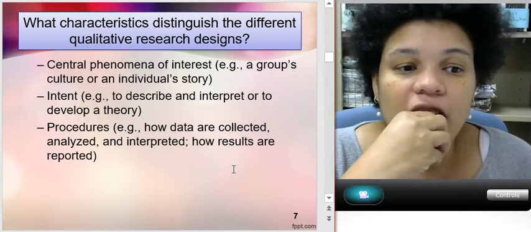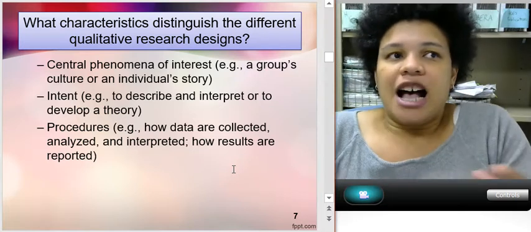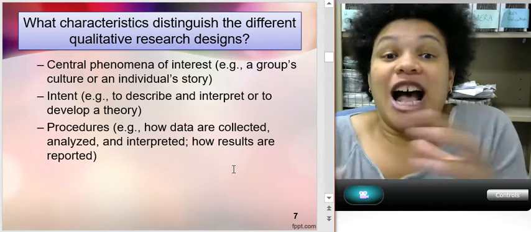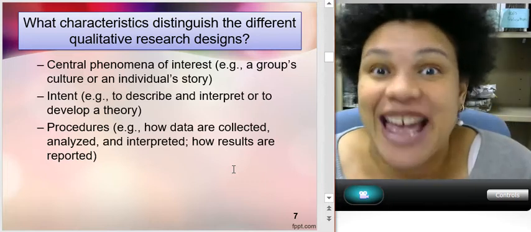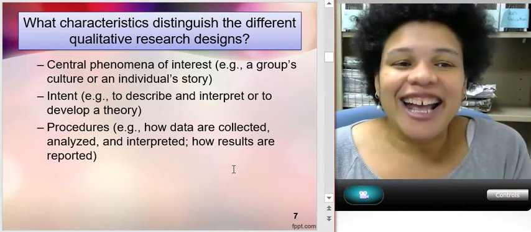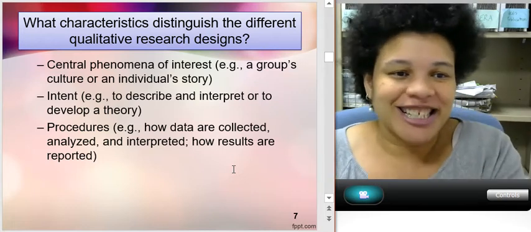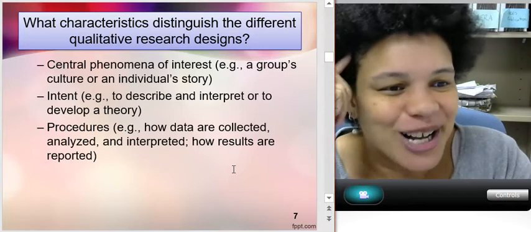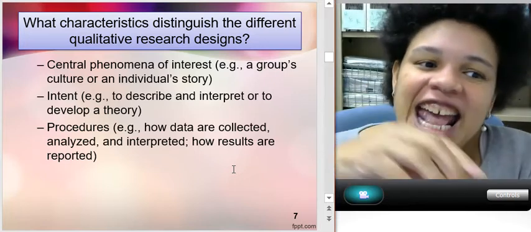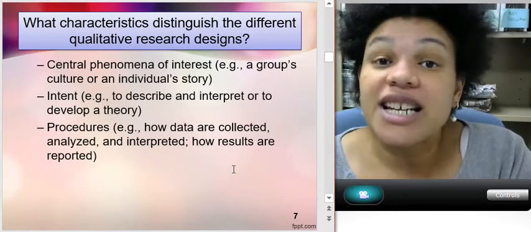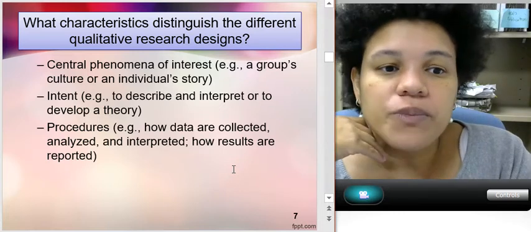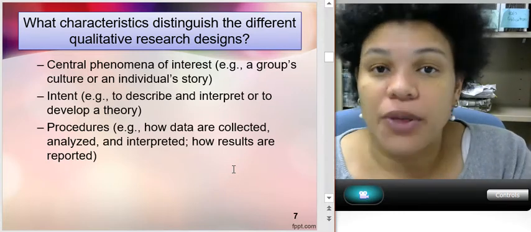Or are we actually looking at a phenomenon, something that happens, and that's what we're interested in. Okay, I'll explain more about that when we talk about phenomenology. Intent. Is our intent to describe and interpret, or is it to develop a theory, right?